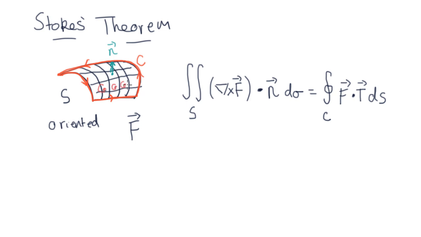At each point on the surface, I can measure the rotation of the vector field by how much it curls at each point. So that's the curl. If I add up all of the curl on the surface, somehow that should equal the total circulation around the boundary.